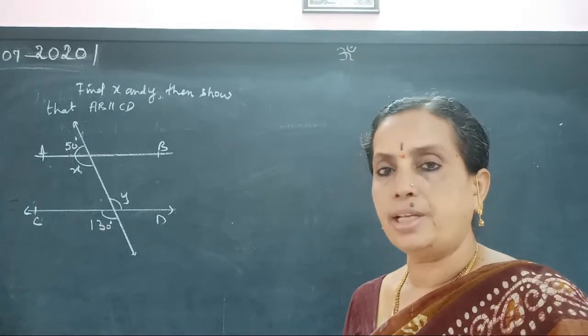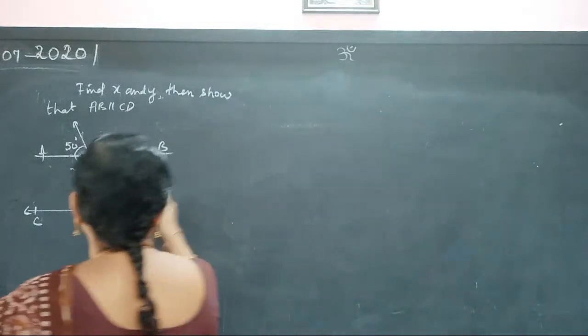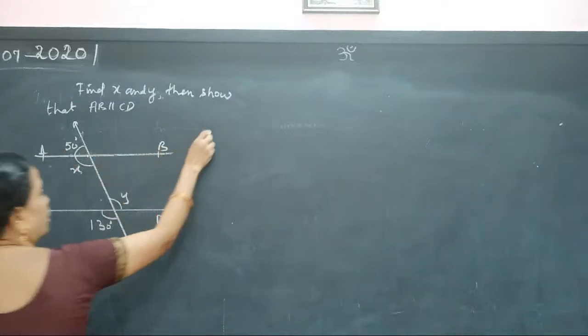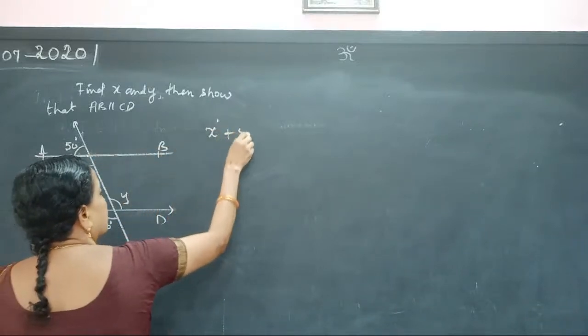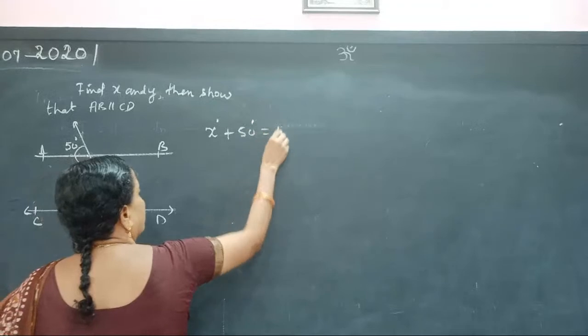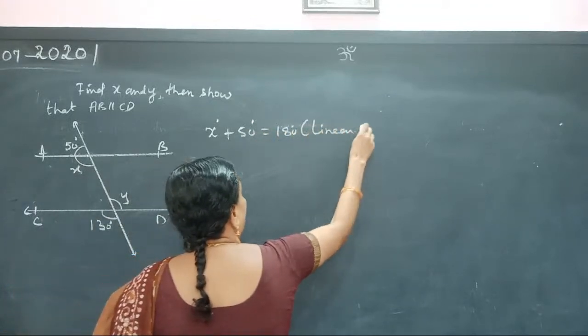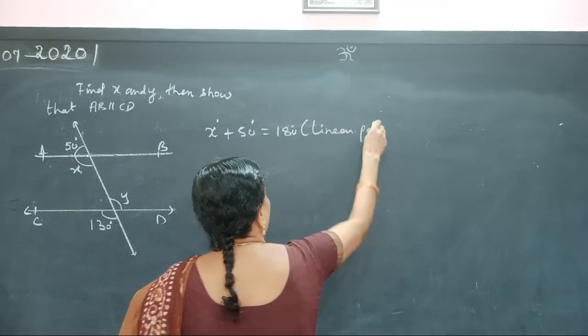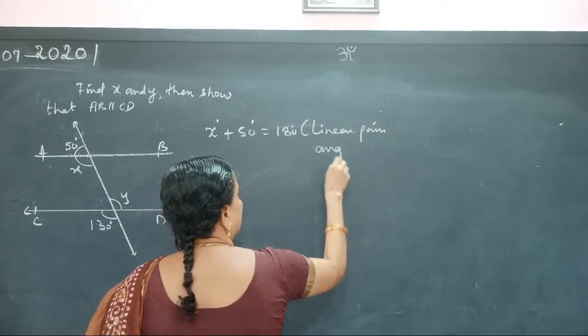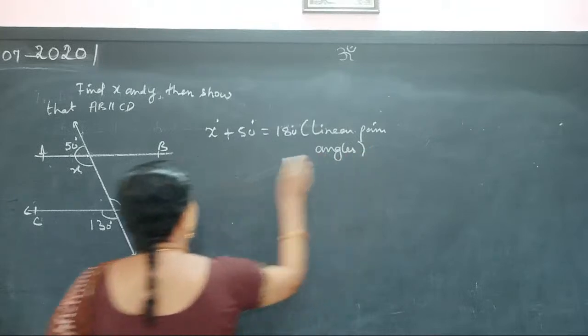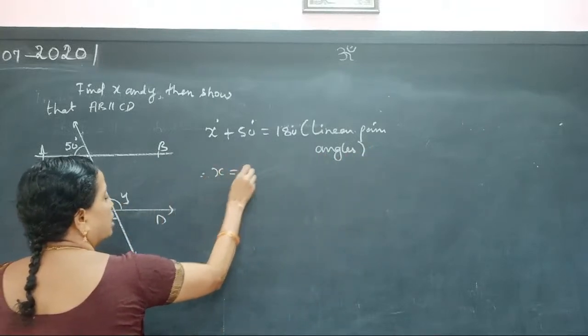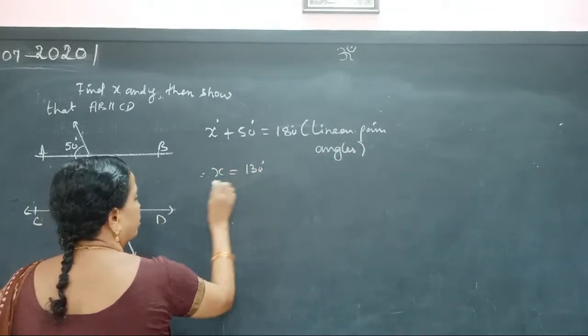To that condition, now here x degree plus 50 degree equals 180 degree. Reason: linear pair angles. Therefore, x equals 130 degree.